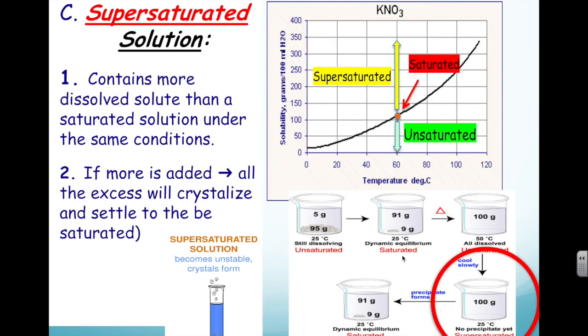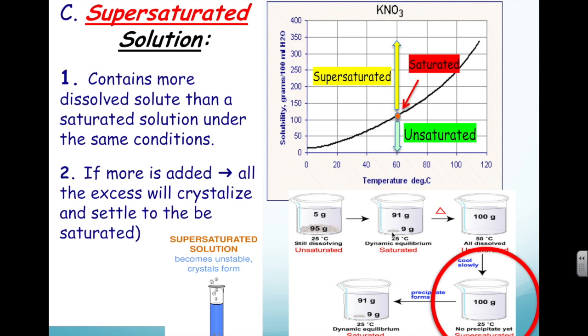Now, a supersaturated solution is when it has been heated up. An interesting thing: we have an unsaturated solution here, and then it has been saturated, and then it has been heated. So let's say it was saturated here, and I ended up having a little bit extra right here.